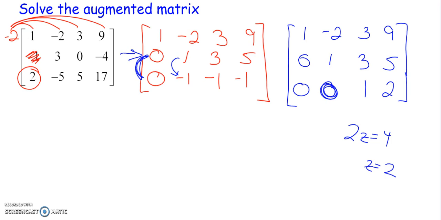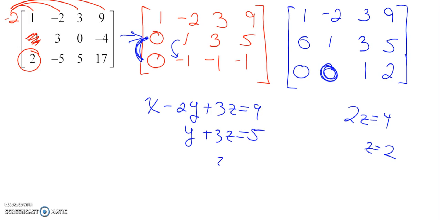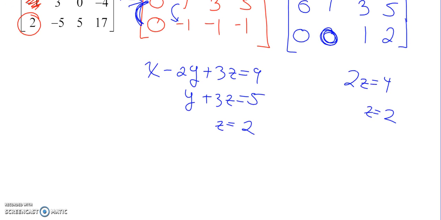At this point, it might be a good idea to write this as a linear system. x minus 2y plus 3z equals 9. That would be y plus 3z equals 5. And this would be z equals 2. We've actually solved this linear system before. We just never did it as a matrix. Here, the back substitution is exactly the same.